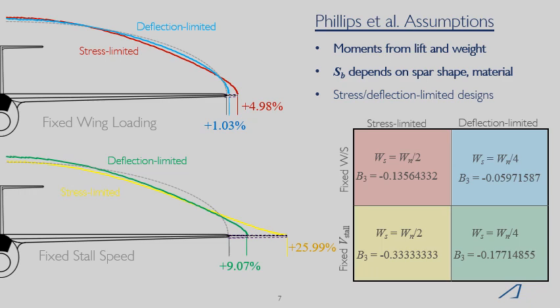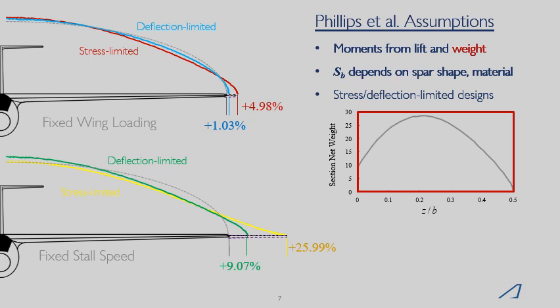It's also interesting to note that the optimum designs that result from this optimization with these constraints have a wing structure weight that is 1/2 the weight of all other components in the wing for the stress limited design, and 1/4 the weight of all the other components in the wing for the deflection limited design.